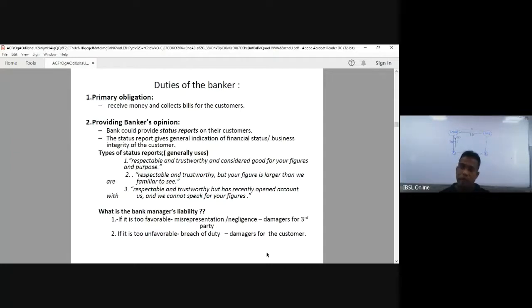So any investor can invest 25 million without any hesitation. All this information is available with HNB, but HNB provides an opinion like number 3: respectable, trustworthy, but has recently opened account with us and cannot speak about your figures.